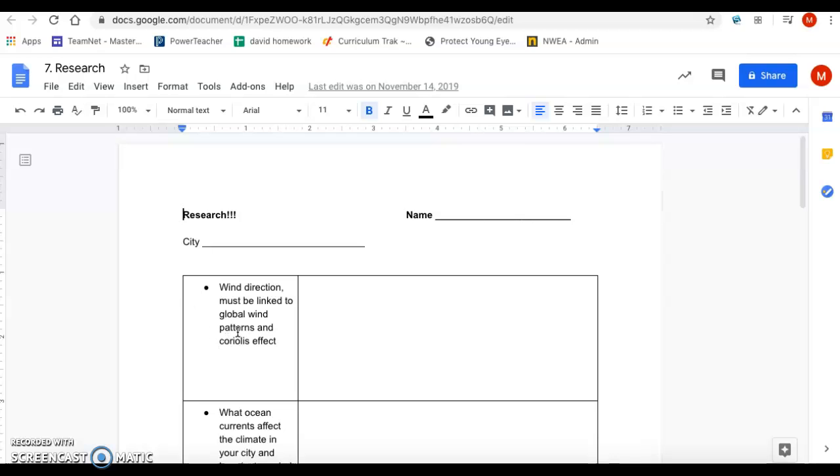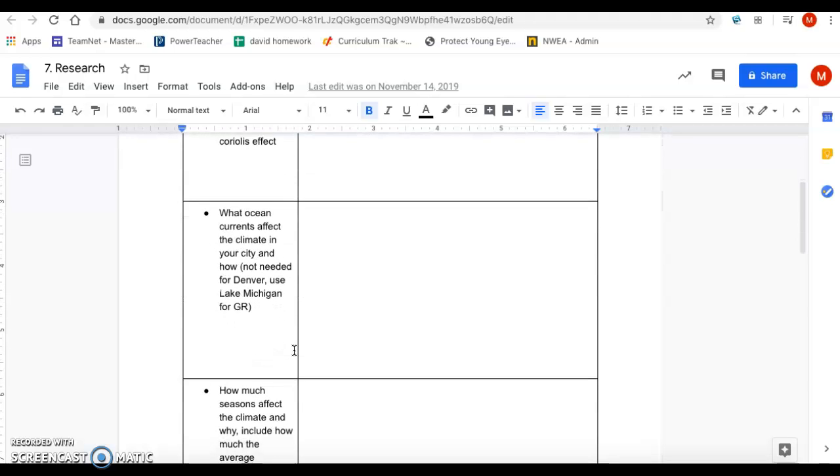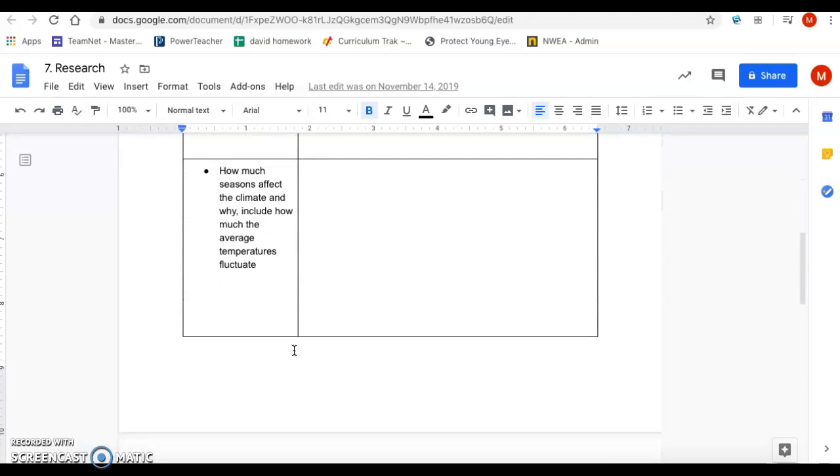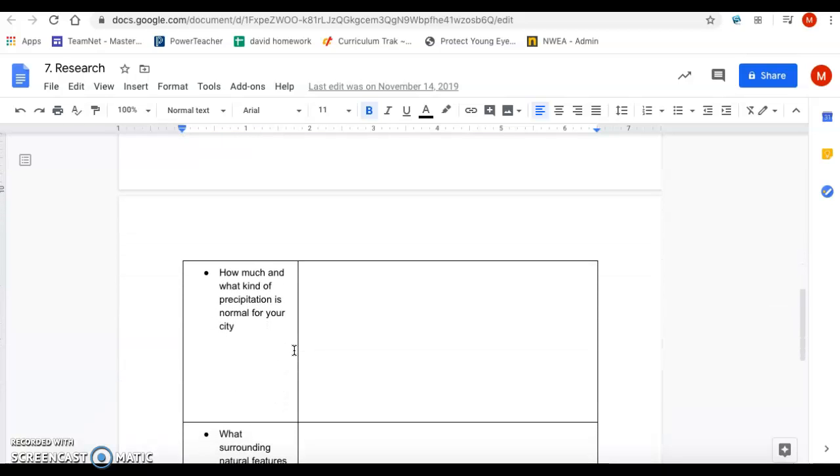A lot of them, I would give them a few hints, maybe look up a few websites with them, but then send them back and have them try it again. One big thing is kids want to just answer what is going on, like how much precipitation does Grand Rapids get per year.